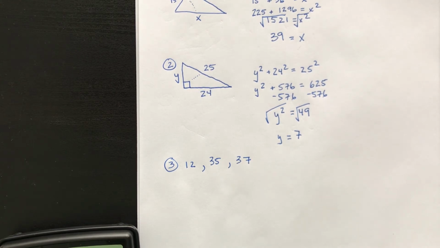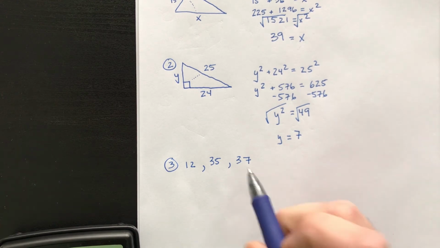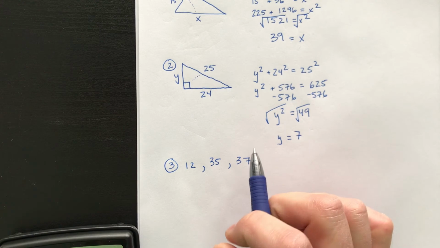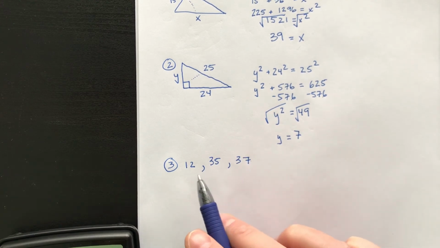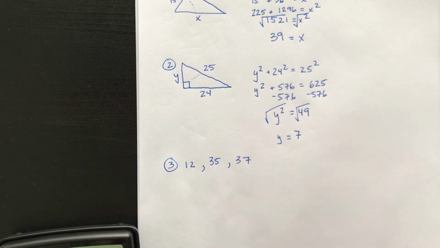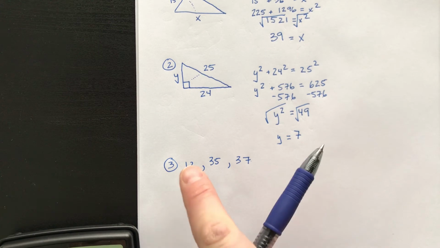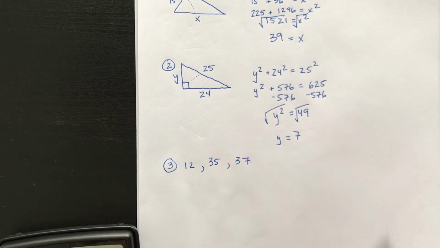So you don't need to know if your triangle is a right triangle. You can just test side lengths. And if these 3 sides work in the Pythagorean theorem, a squared plus b squared equals c squared, then you know this is a right triangle with those side lengths.